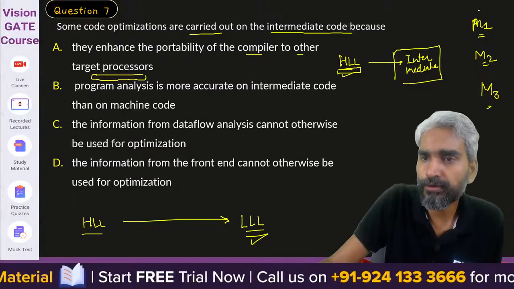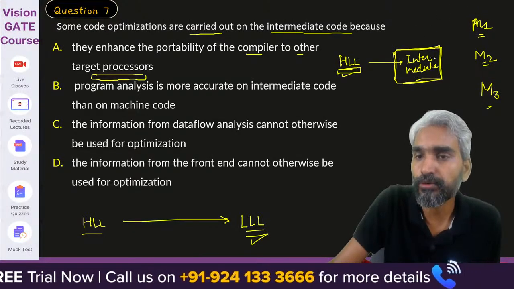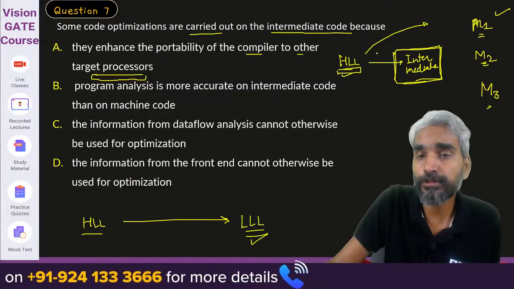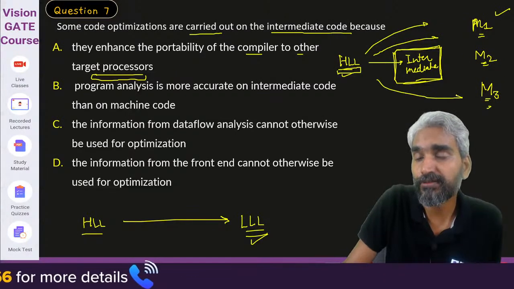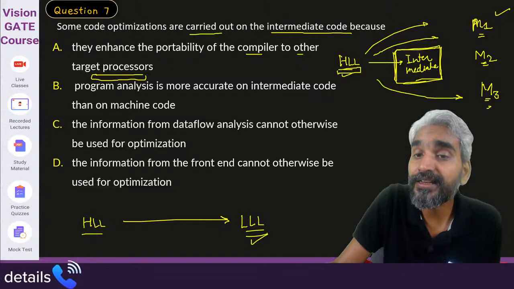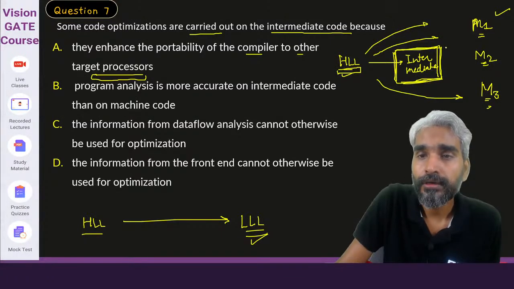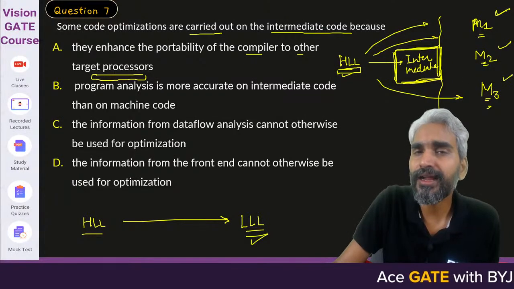So if you start from the beginning, it will become difficult, because if you do not generate this intermediate code, then for machine M1 you will have to start from the beginning. For machine M2 also, for machine M3 also. But if you generate an intermediate code, then this intermediate code will be same for all the machines, whether M1, M2 or M3.